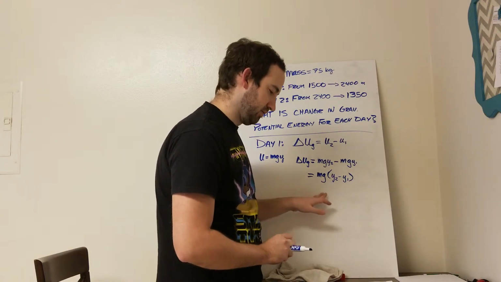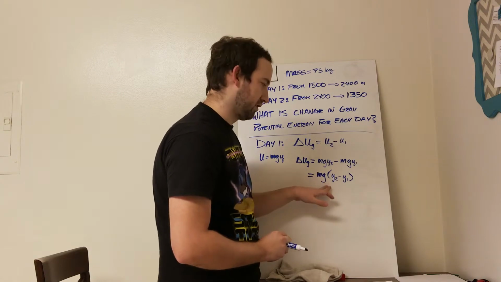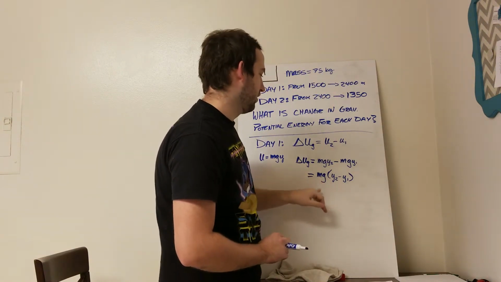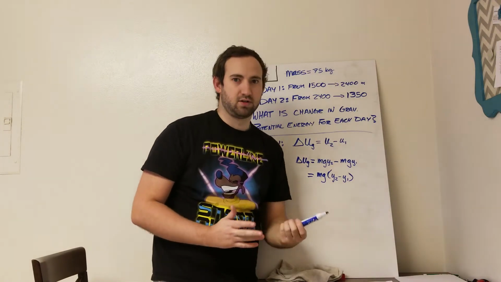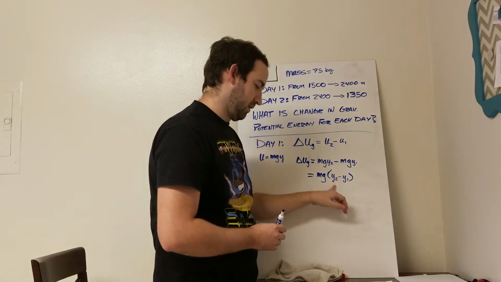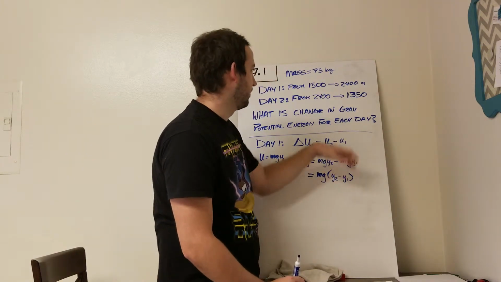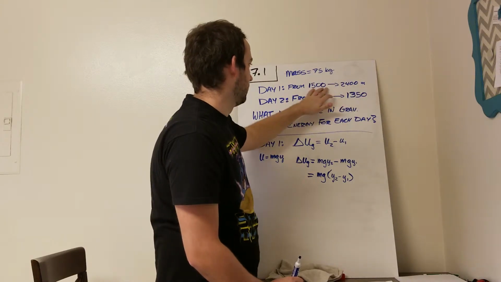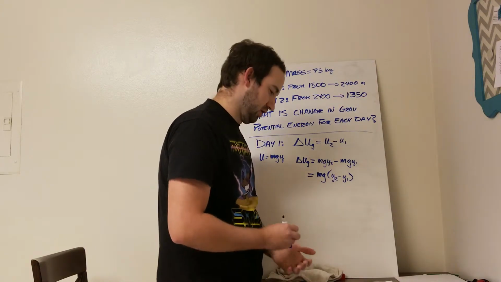So we have the equation, and now all we need to do is plug in the values that we already have. So we know the mass is 75 kilograms. Gravity, the acceleration due to gravity, is 9.81 meters per second squared. And then our y2 is going to be 2,400, because that's the final, and the initial one, or y1, is going to be 1,500.